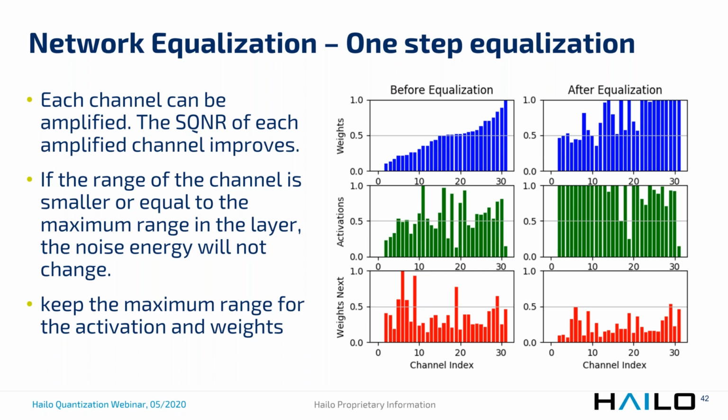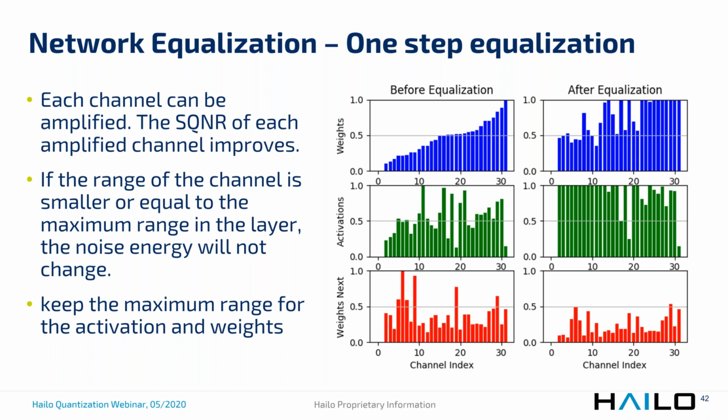However, we're going to assume that we never change the range of the dominant channel. The reason is that the dominant channel sets the overall quantization noise for the layer, so we don't want to change it because we don't want to change the amount of noise.